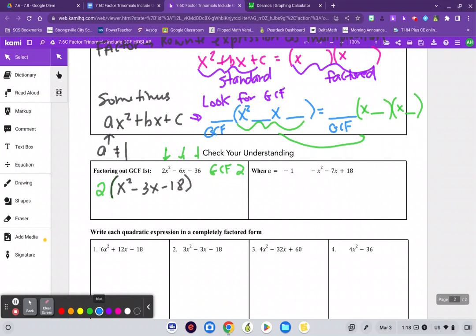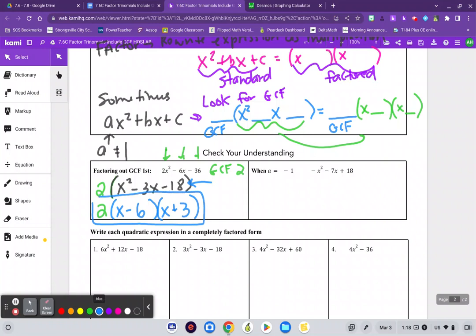And so then my next step is to break this further. So I'm going to rewrite my 2. And I'm going to break this further into my 2 groups that we've been practicing. Okay, so I'm going to break x squared up into x and x. I'm going to find factors of negative 18 that will add to negative 3. I believe x minus 6 and x plus 3 will do it. And this is my completely factored form.